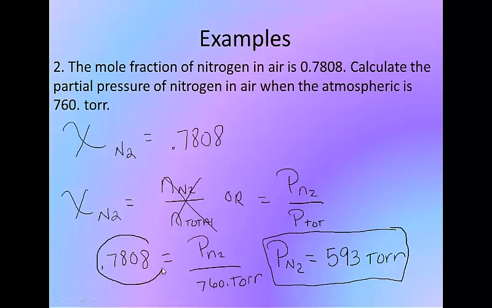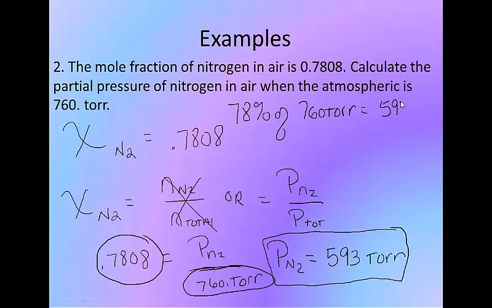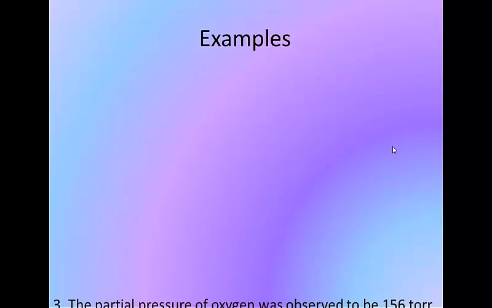This basically tells me that 78% of this is nitrogen gas. And I'll bet 78% of 760 torr, which is 1 atmosphere, is going to be equal to 593. And the rest is the other gases.